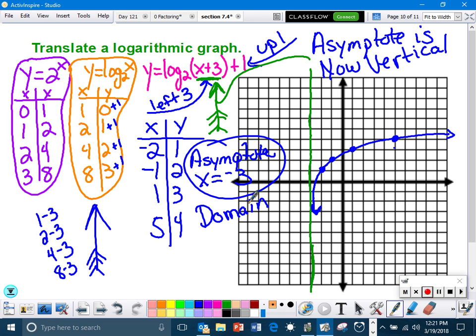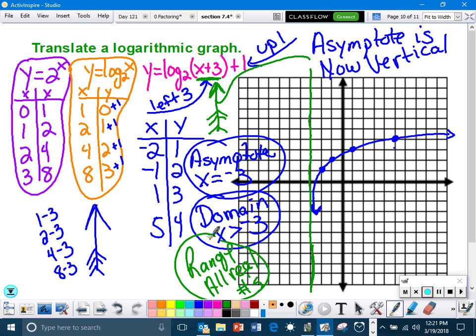The domain now here is x is greater than negative 3. So the domain values are limited because of this vertical line right here. So the range actually is now all real numbers. So the domain and range actually swap also.